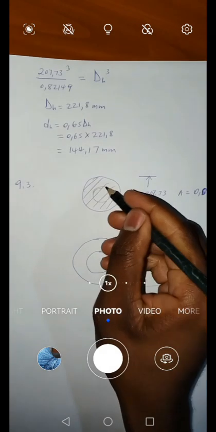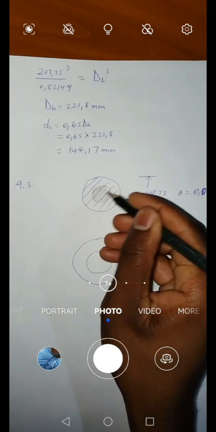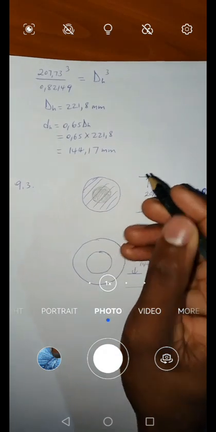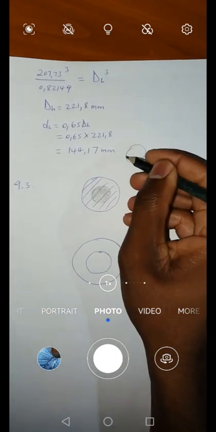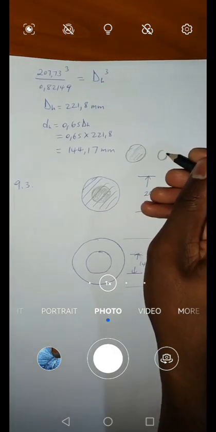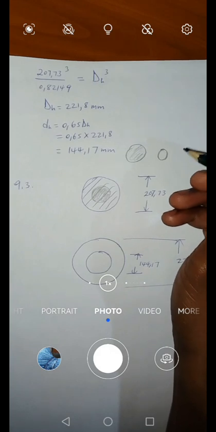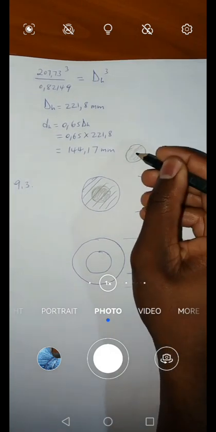You take this material here, you remove it, and then out of this material that you removed, you take not all of it, you take a certain portion of it. From this size, you take a certain portion of it.